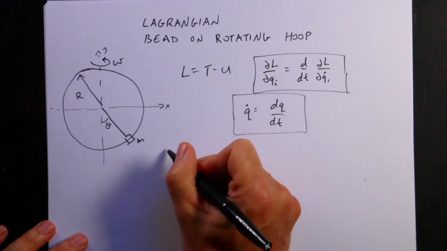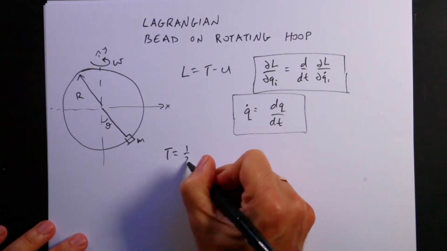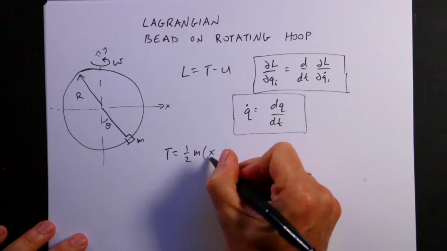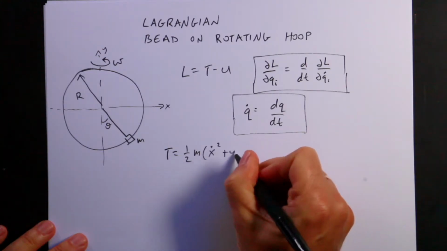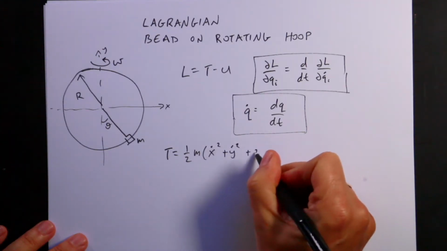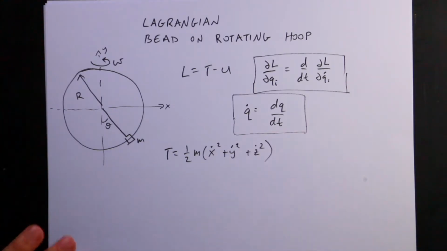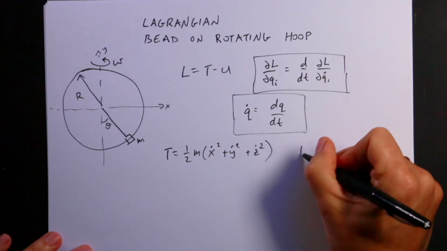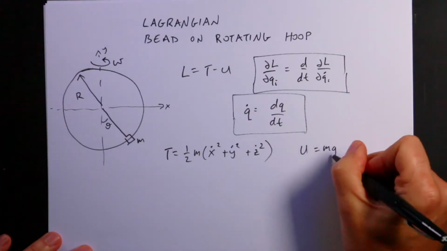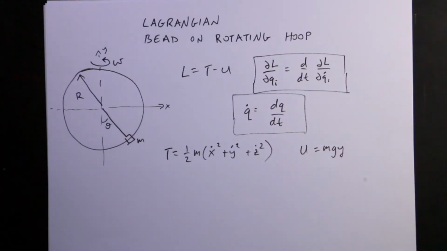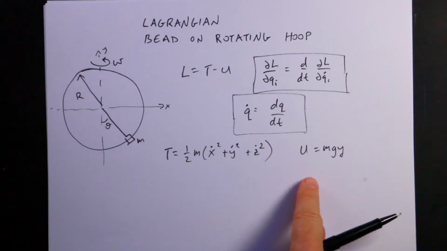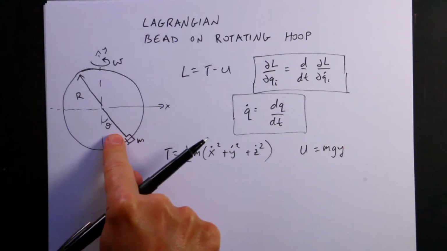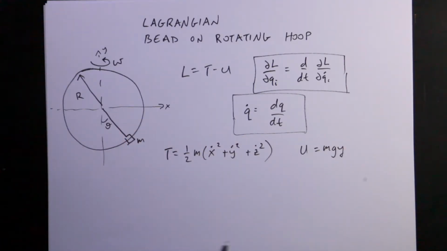But we can write this: T equals 1/2 m (x dot squared plus y dot squared plus z dot squared) in Cartesian coordinates. I know that's kinetic energy. Also, I can write the potential energy, U equals mgy, in Cartesian coordinates. So what I need to do is translate these Cartesian coordinates into my generalized coordinate theta. So I need some type of connection between those.